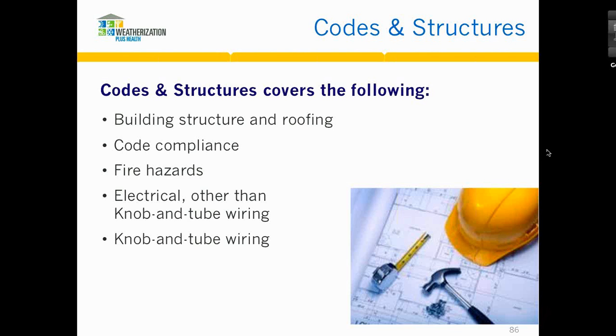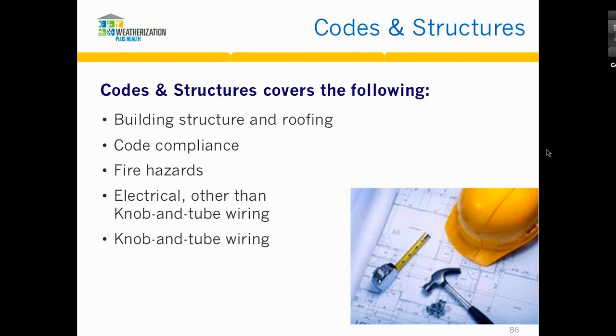So we can fix certain things, like full-on roof replacement would just tap out our health and safety budget so quickly. You're talking $20,000 a house in some cases if you did have full roof replacement needs, that we wouldn't be able to serve the population that we hope to serve. So we can't do things like that.